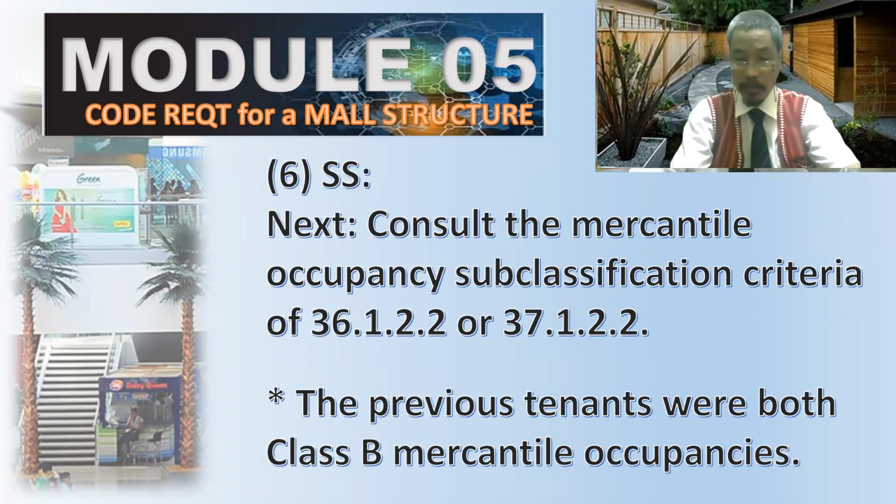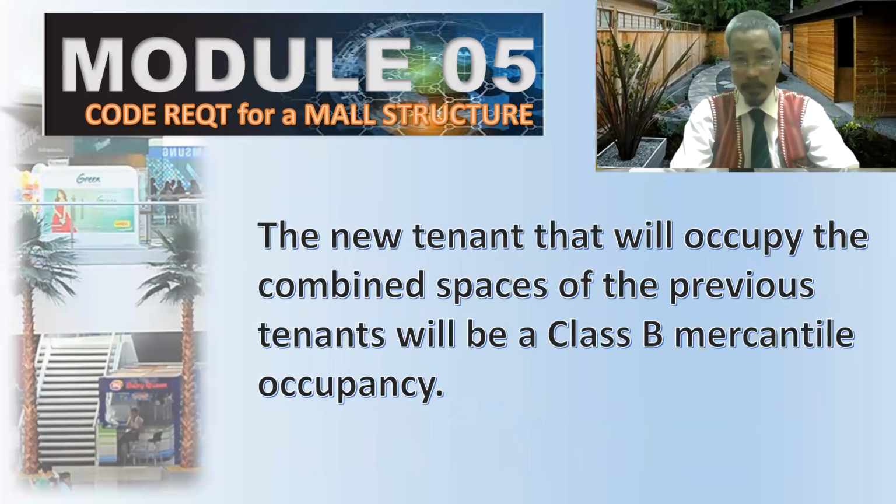Let us consult the mercantile occupancy sub-classification criteria of 36.1.2.2 or 37.1.2.2. And take note that the previous tenants were both Class B mercantile occupancies. The new tenant that will occupy the combined spaces of the previous tenants will be a Class B mercantile occupancy.